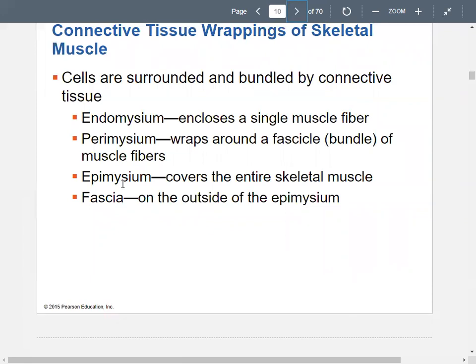It's a layer of connective tissue. Then perimysium will wrap around a bundle or fascicle of muscle fibers. And then the epimysium will cover your entire skeletal muscle. So endo, peri, epi. Okay? You also have fascia, which is outside your epimysium.